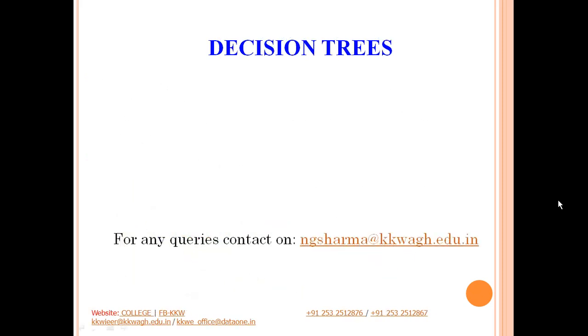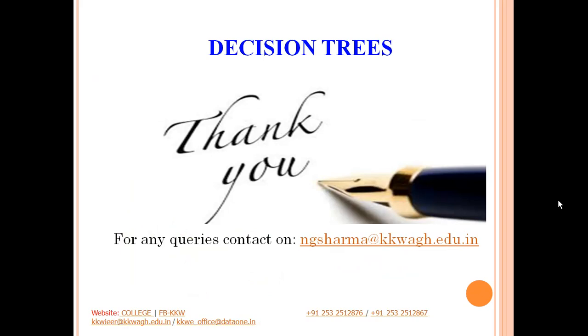In this particular lecture, we have discussed the basics of what a decision tree is and the different types of nodes in a decision tree. Then we saw that for constructing the decision tree we have to select the most promising attribute, and for that we use the concept of entropy and information gain. Entropy is a measure of impurity and information gain is a measure of purity.